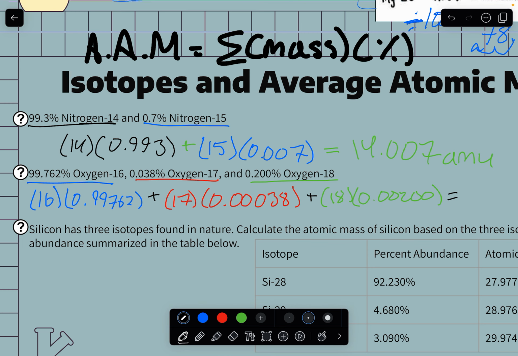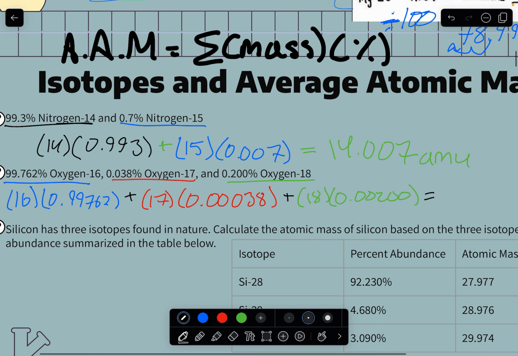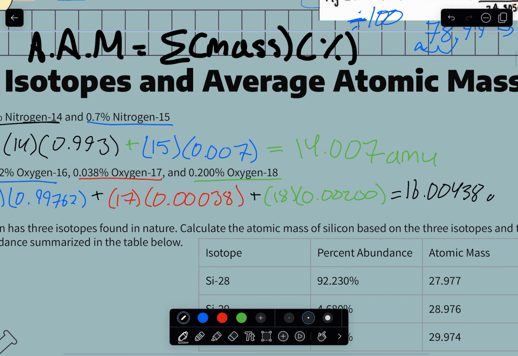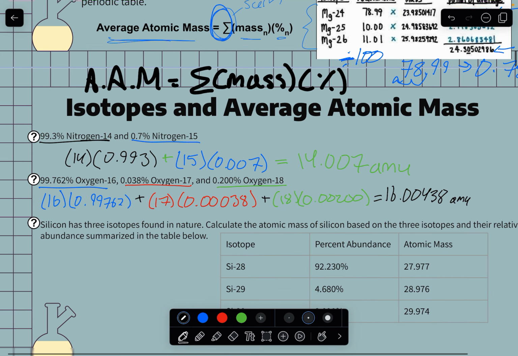If we do the math here, we should get 16.00438, and the units here are atomic mass units, AMU.